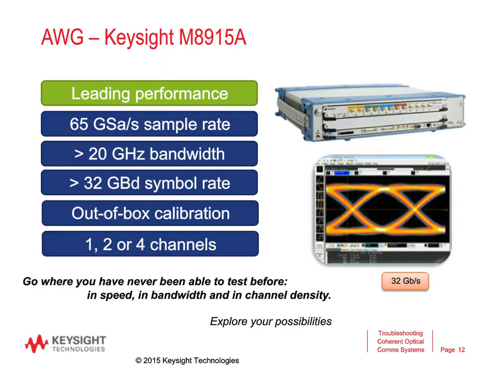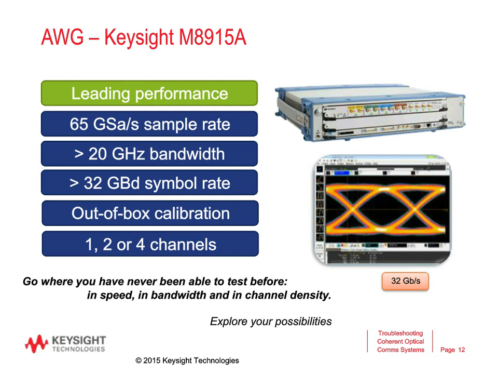So the Keysight M8195A provides leading performance up to 65 gigasamples per second of sample rate, more than 20 gigahertz of bandwidth. That's good for signals beyond 32 gigabaud in symbol rate. It offers out-of-box calibration, and it's available in 3 different versions, 1, 2, and 4 channels.